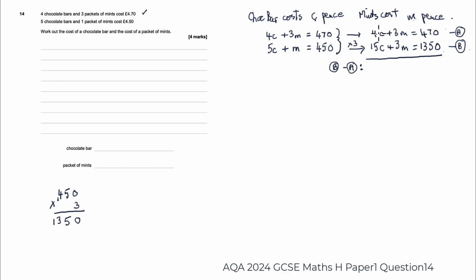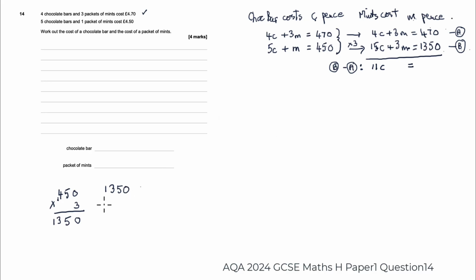So we're taking 4 chocolate bars away from 15 chocolate bars. That'll just leave us with 11 chocolate bars. And 3 packets of mints, take away 3 packets of mints, well, they've all disappeared. And we have to do 1,350 minus 470.